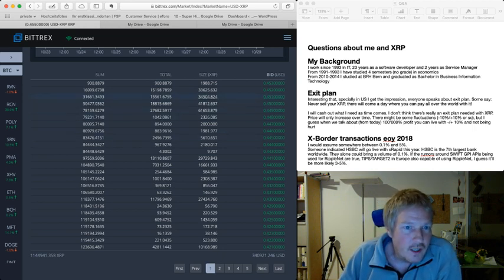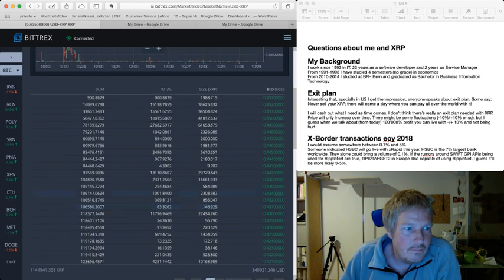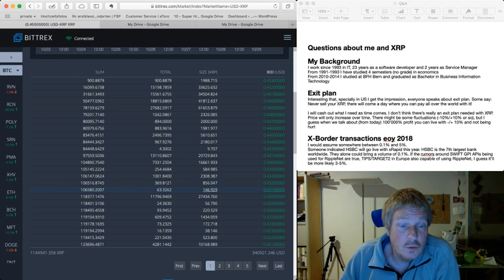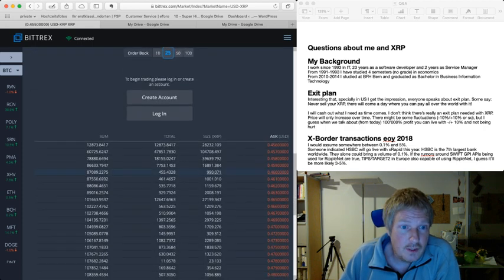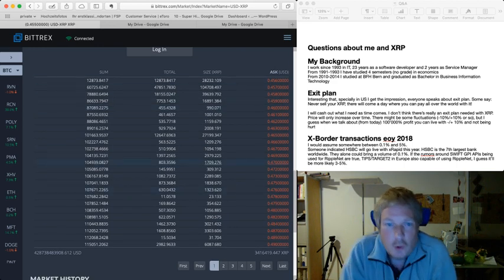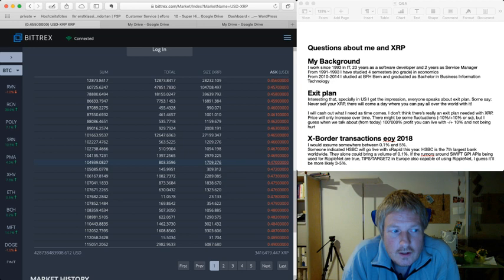Anyway, the green numbers here is the bid table, like what a person would pay to buy XRP, and the red one is what a person would want for selling XRP.